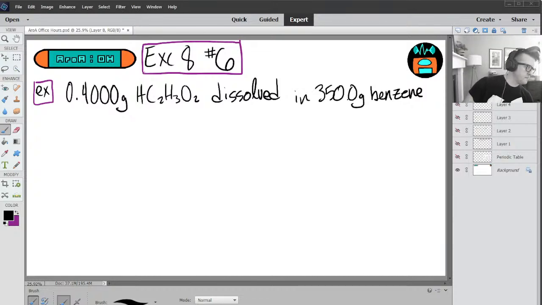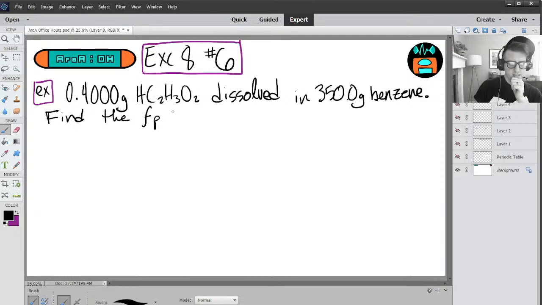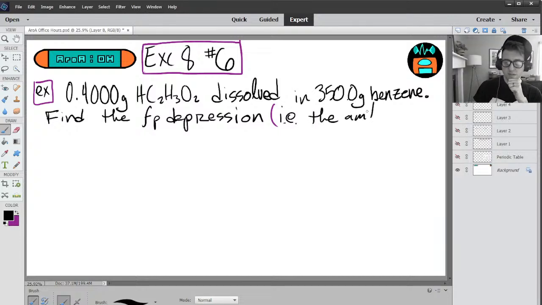Okay, so let's see. And then we're being asked here to find the freezing point depression. In other words, this is the amount the freezing point changes.